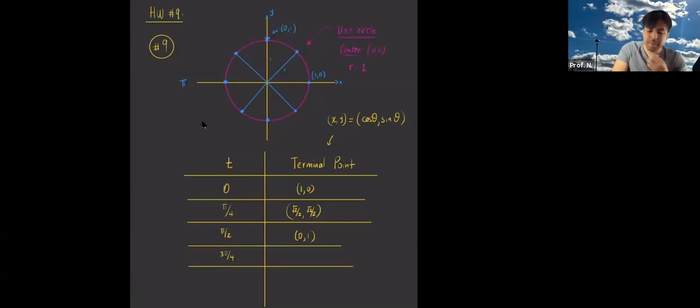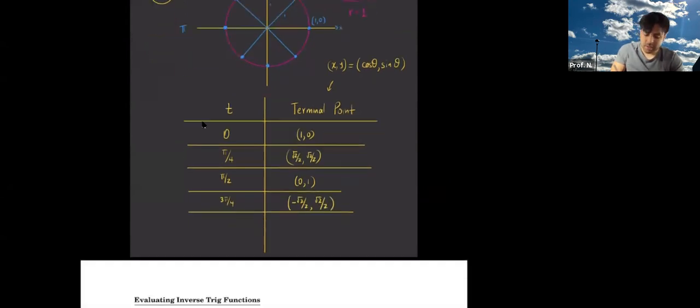Now 3 pi over 4, because of the symmetry, guys, there's symmetry behind this. You see this? They have the same y coordinate, but my x coordinate is just negative. So now this would be negative rad 2 over 2, comma, rad 2 over 2. Done. And then I just continue on.